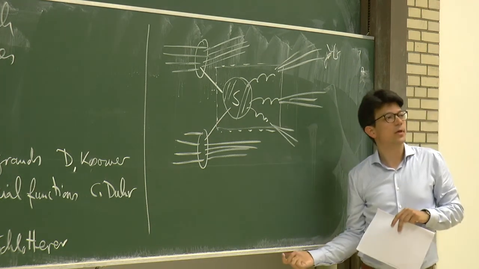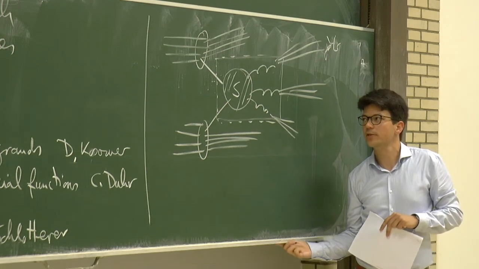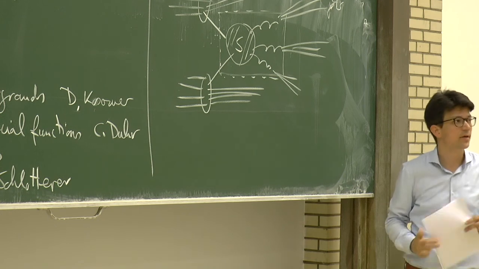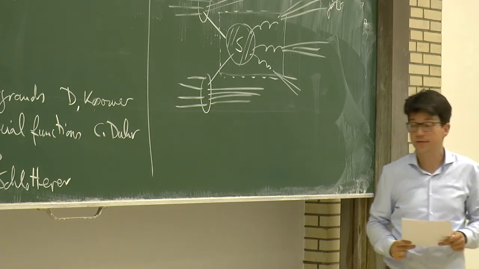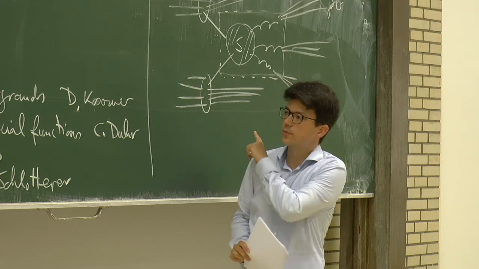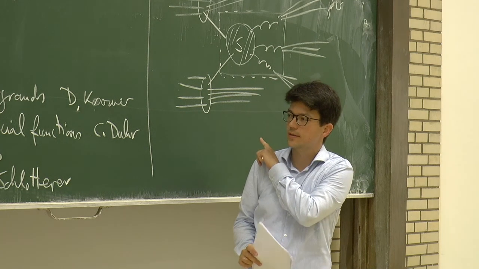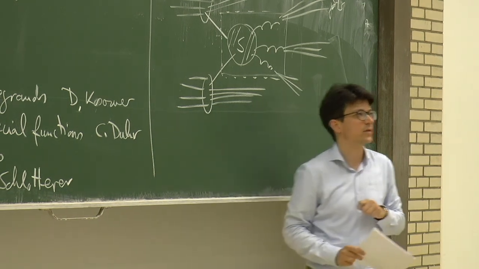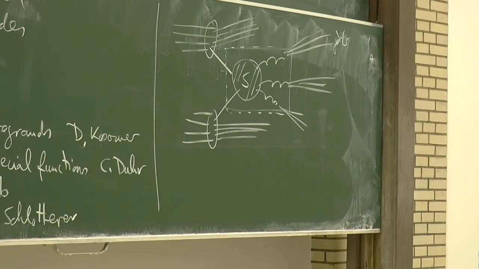This is just to give you a picture of how amplitudes are related to collider physics. Although I don't think this will be explored more in the lectures, if you want to know more, I think David Kosower is certainly the right person to ask.